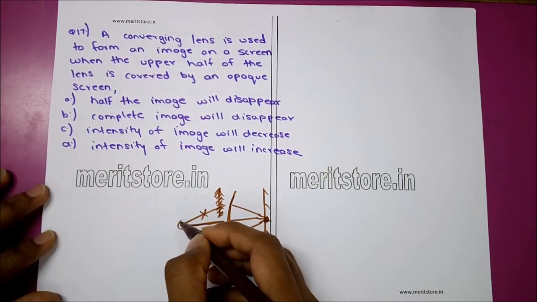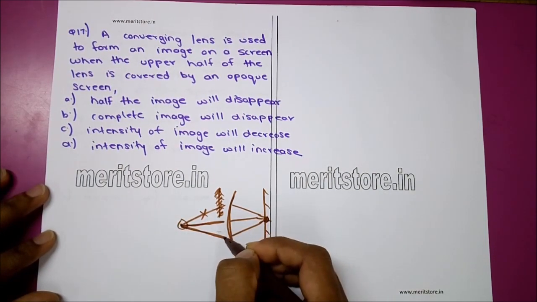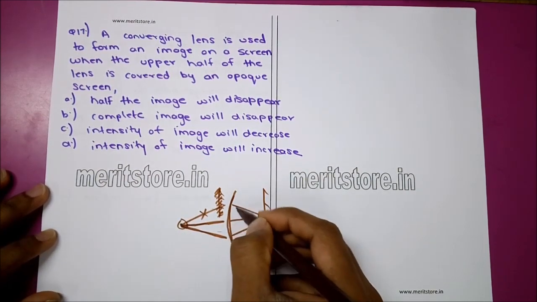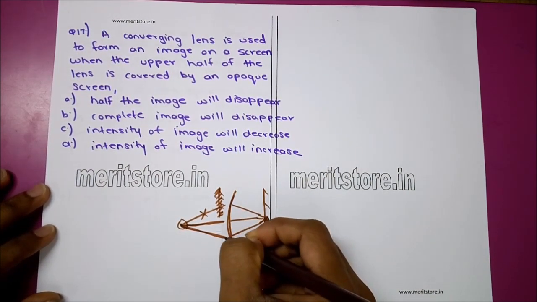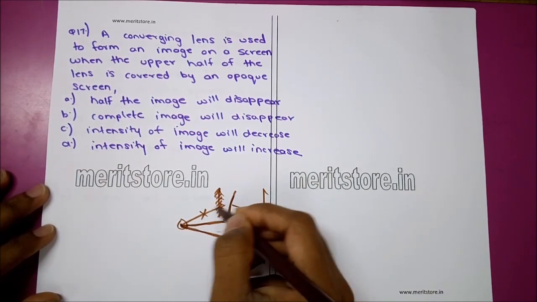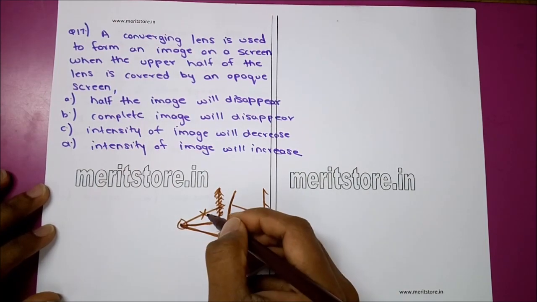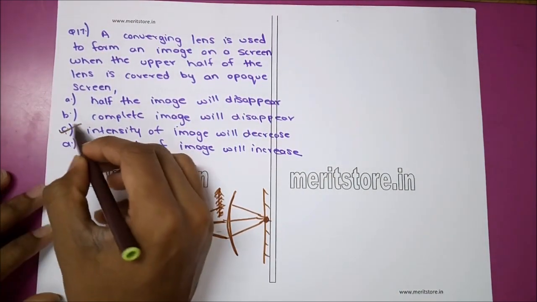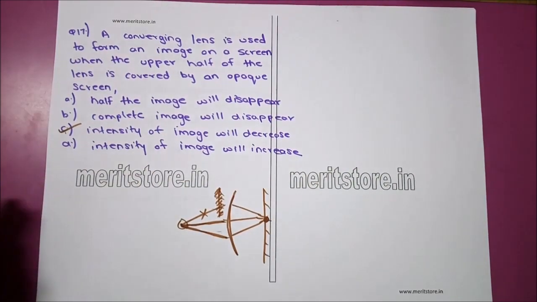However, complete information about the image passes through each and every ray. Hence, the image won't be half, but the intensity would decrease, since fewer light rays are passing through. However, the image would be complete. Hence, option C is the correct answer.